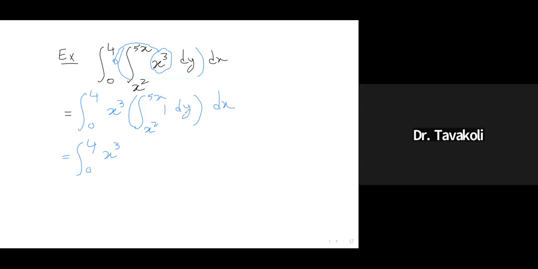Antiderivative of 1 with respect to y is y. It should be evaluated at these two functions, which gives me y evaluated at 5x is just 5x, at x squared is just x squared.